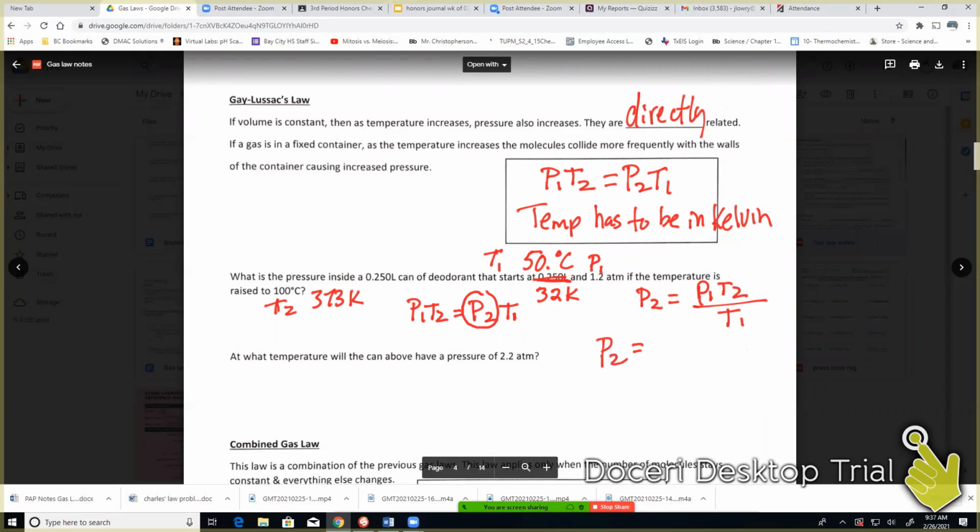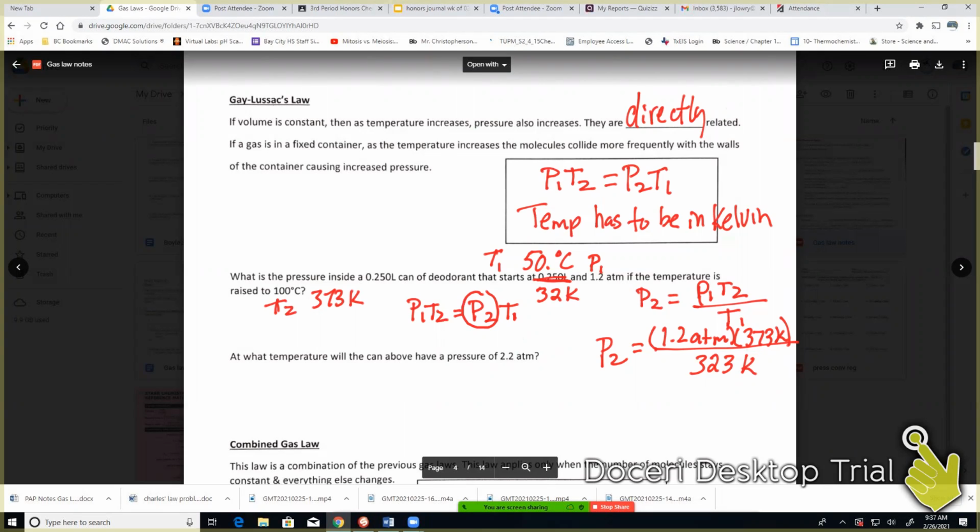So P2 is equal to my first pressure, 1.2 atm, times my second temperature, 373 K, and divide that by my original temperature, which was 323 K. Just take your top and divide it by your bottom. 1.2 times 373 divided by 323.